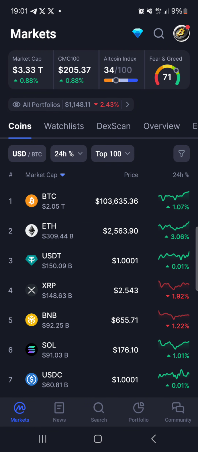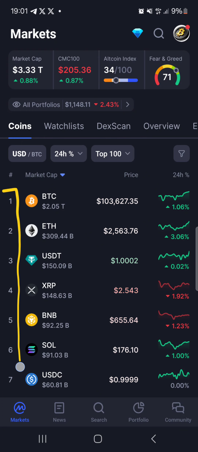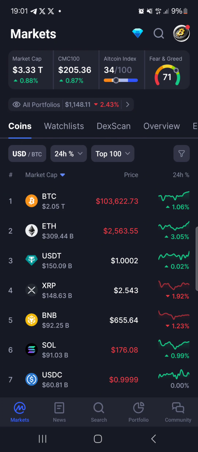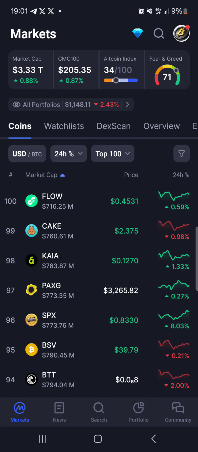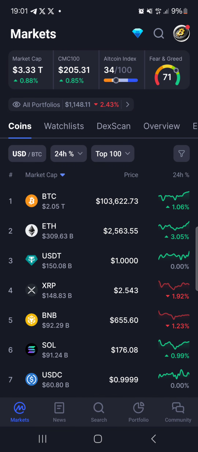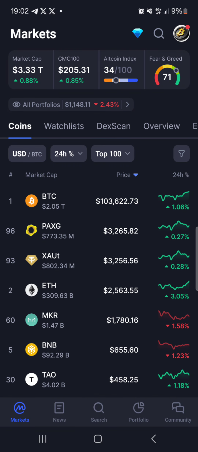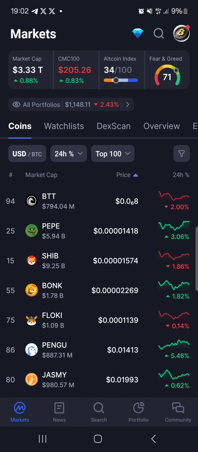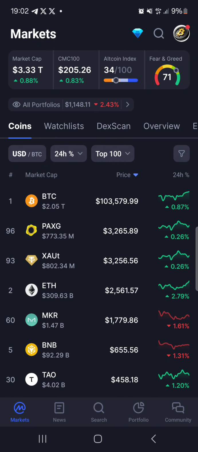If your numbers here are not in order, if you are not seeing them in order from 1, 2, 3, 4, 5, you basically just tap on here, and they will arrange themselves. You see now? So I want them in that order. Or you tap on price. When you tap on price, they change.